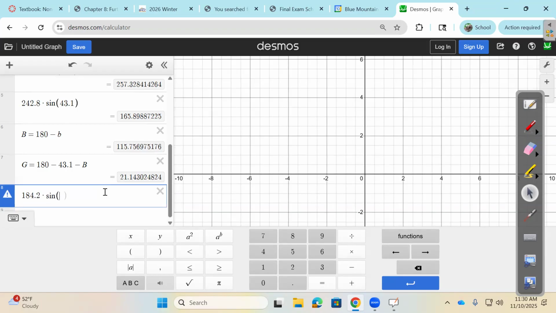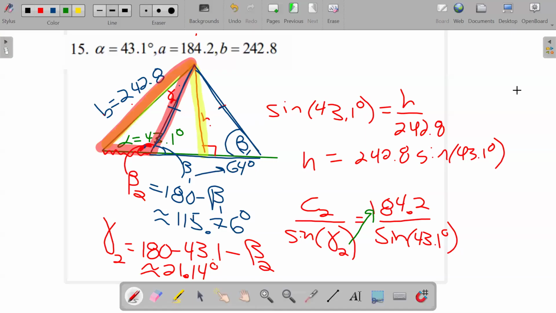Here, I'm not going to type the approximation. I'm just going to put my capital G for my second gamma, as I labeled it there, and then divide that by the sine of 43.1. So I should find my other side now is 97.24-ish. And again, my picture's not perfectly to scale.